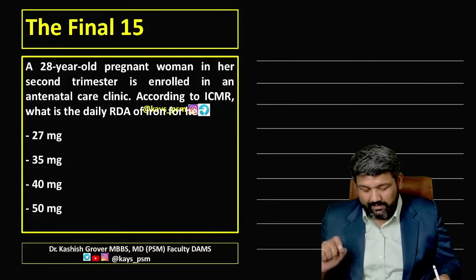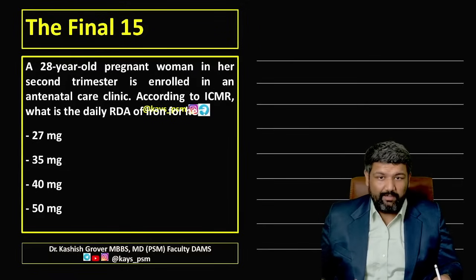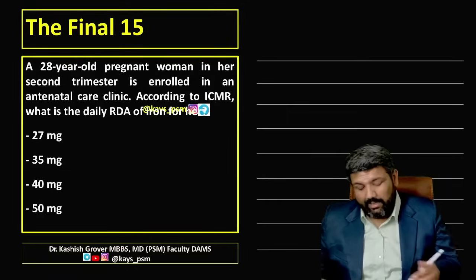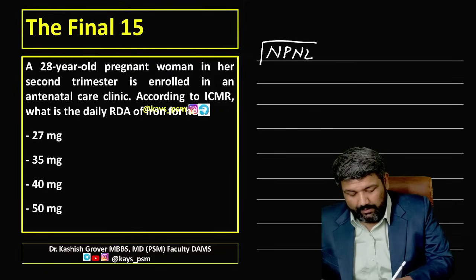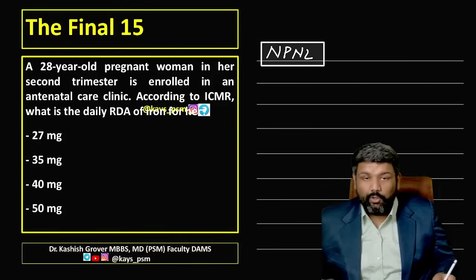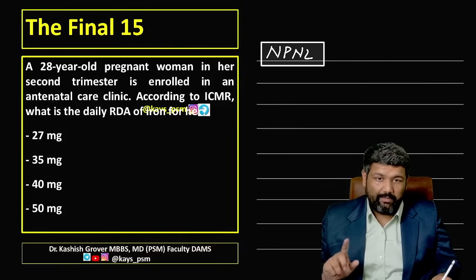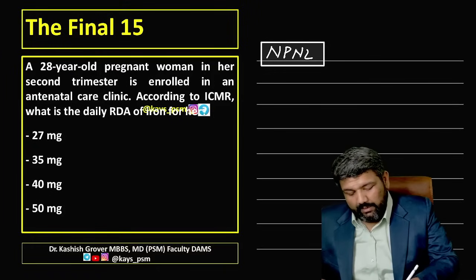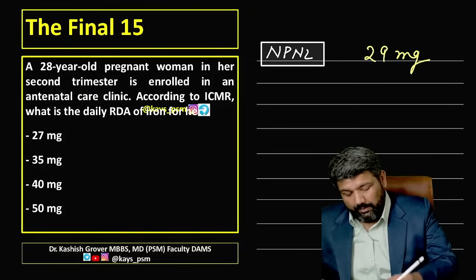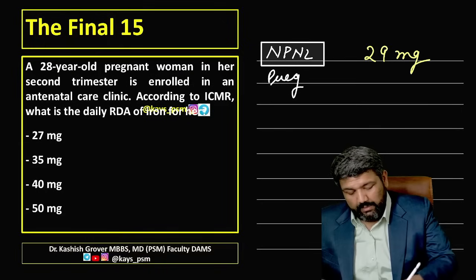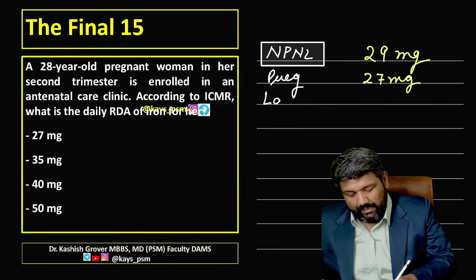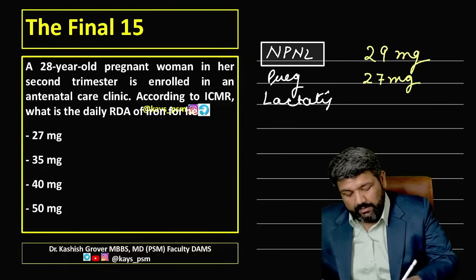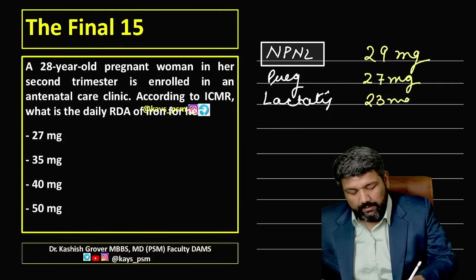A 28-year-old pregnant woman in her second trimester is enrolled in an antenatal care clinic. According to ICMR, what is the daily RDA? Guys, listen. A woman who is non-pregnant, non-lactating in the reproductive age group needs 29 mg iron daily. A woman who is pregnant needs 27 mg daily. And a woman who is lactating needs 23 mg daily.